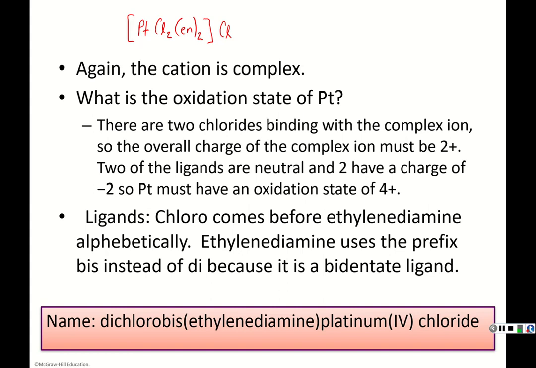If platinum has a +4 charge, the overall charge of this complex ion has to be a +2, so we need 2 chlorides to be balancing that charge. Okay. And again, that name would be dichlorobis(ethylenediamine)platinum(IV) chloride.